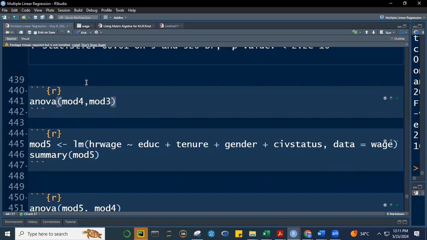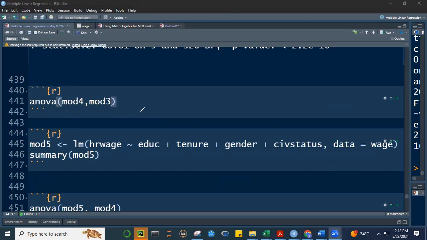Model number 4 does not have number of dependents, which tells us, class, that the null hypothesis here is that beta 7, which is the number of dependents, numDep, is equal to 0. So that's what we're testing. Beta 7, or the number of dependents, is equal to 0.